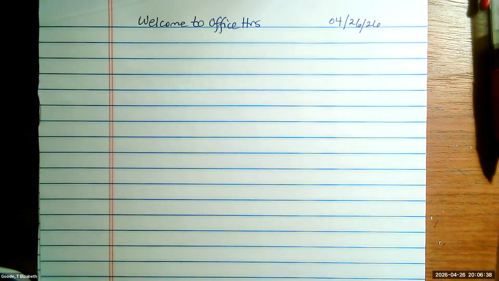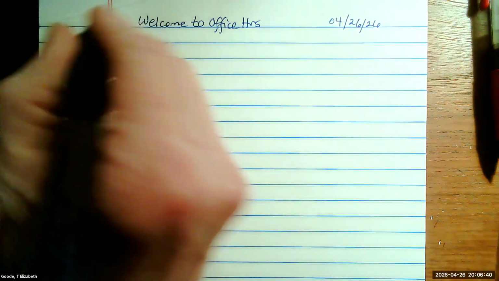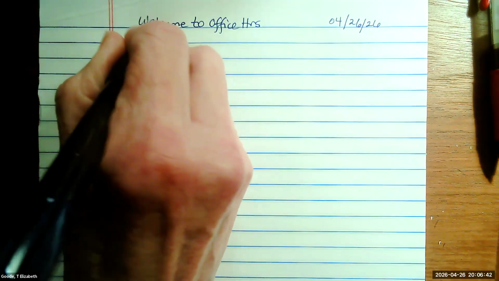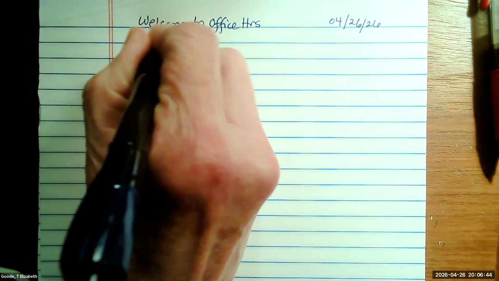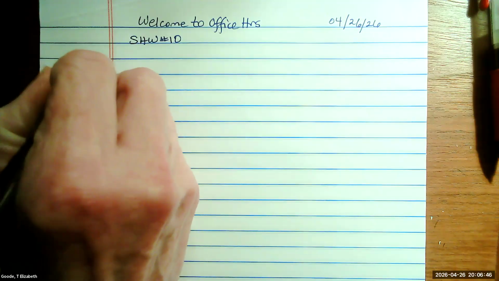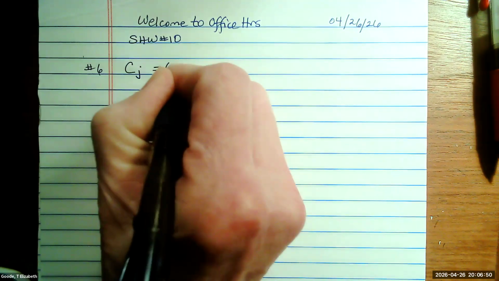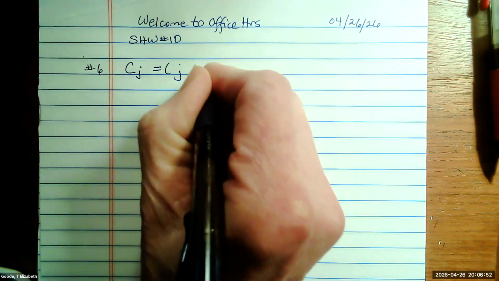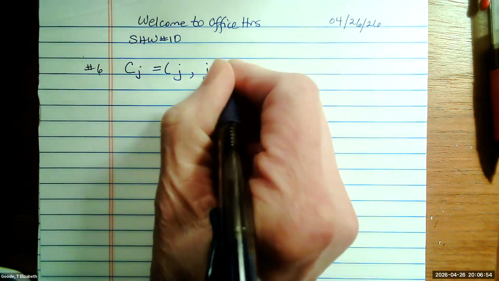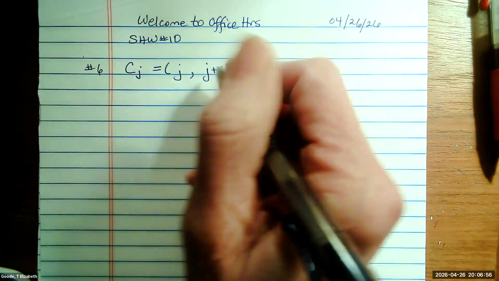So I'm going to write down the definition for C_j. So C sub j is soft bracket j, comma, j plus 1 square bracket.